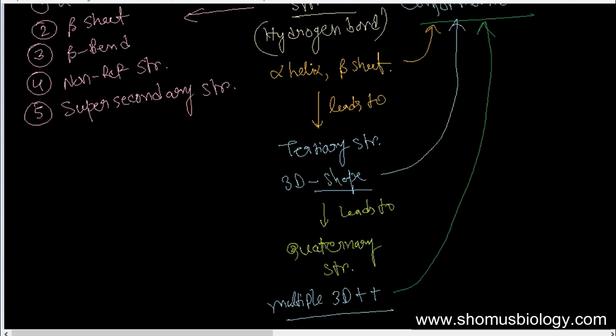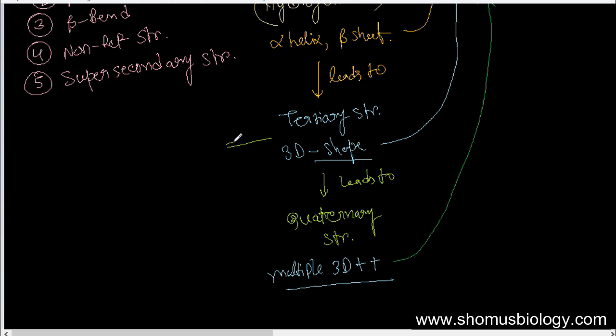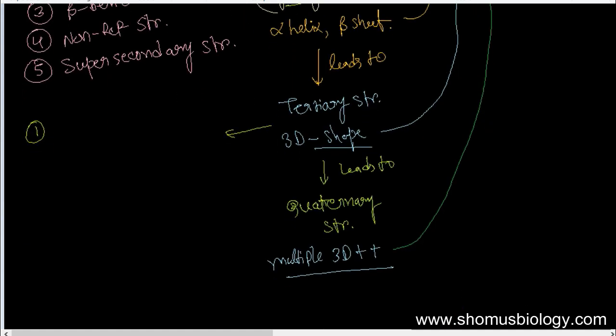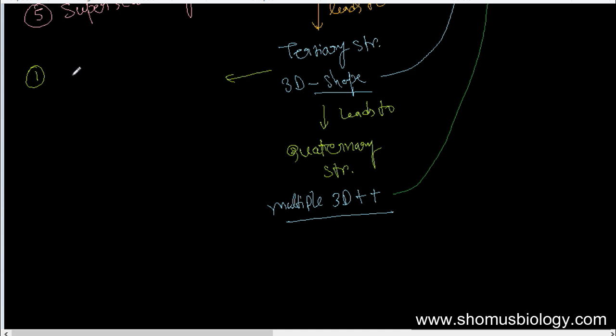Okay, and in the tertiary structure, there are different interactions present. Normally I told you that these secondary structures are generally formed due to hydrogen bonds between the amino acids, while tertiary structures are formed due to other interactions. Hydrophobic interaction is one of the key interactions. Then hydrogen bonds, another one.